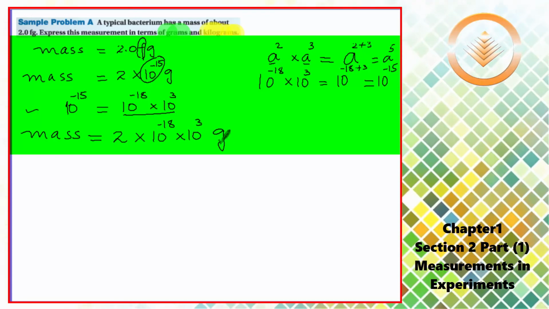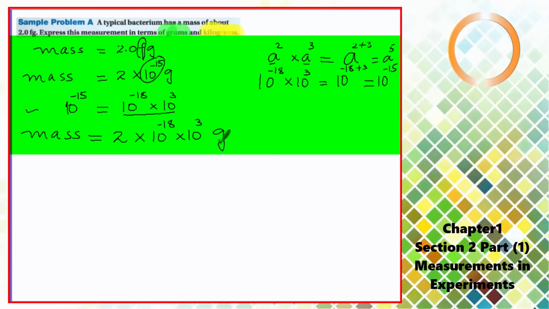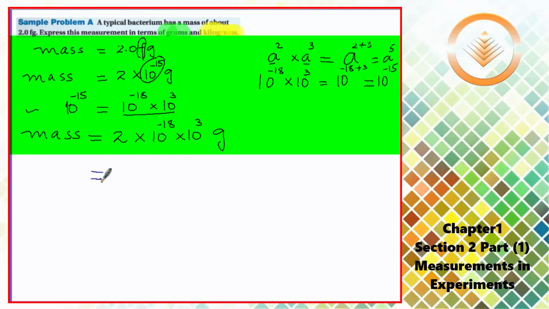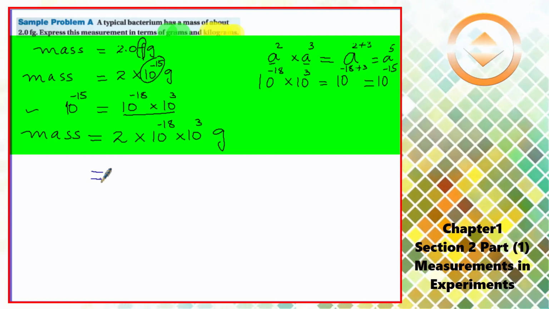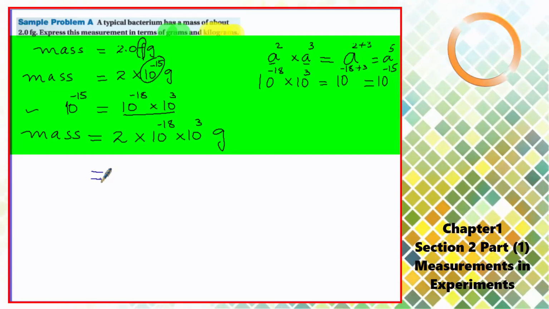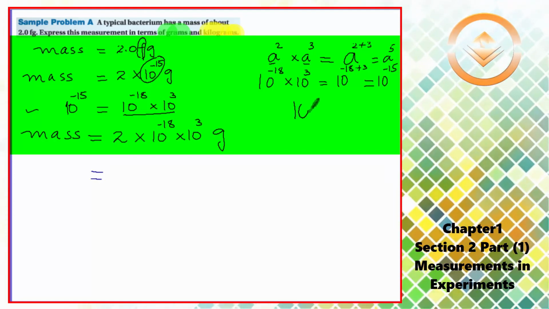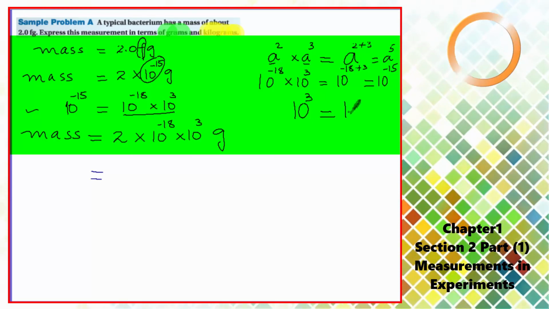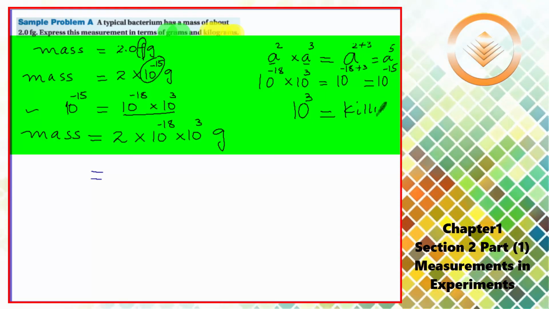I know from our previous lesson and table that 10 to the power of 3 belongs to kilo.